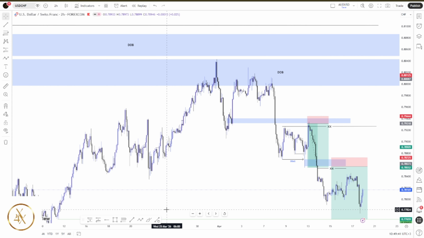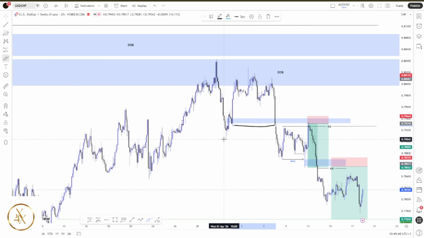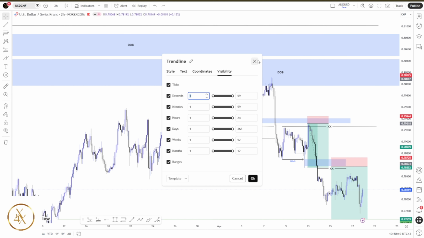So once it broke this level here, this and this and this level here, let me mark them well with lines, with a nice trend line to show you. This level was broken here, and this level was also broken here. And this was also broken, and this signifies aggressive selling or multiple breaks of structure.